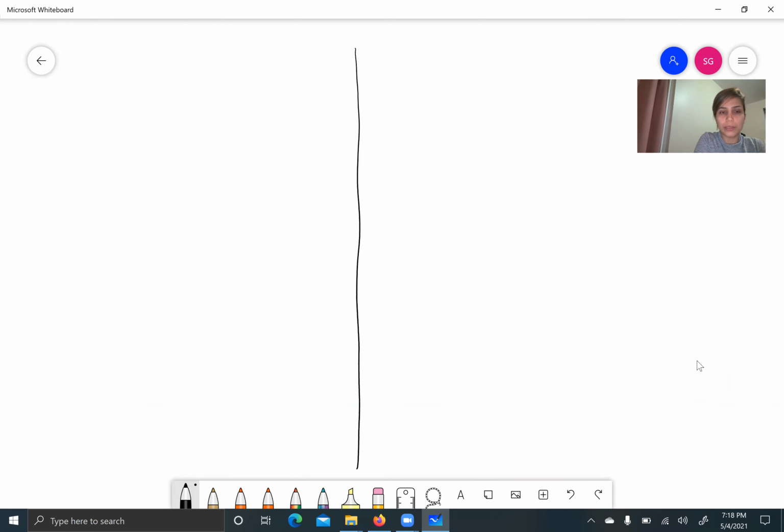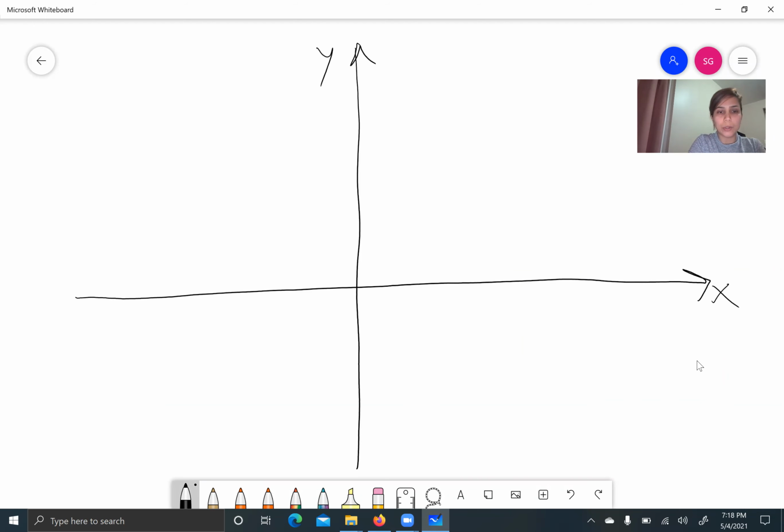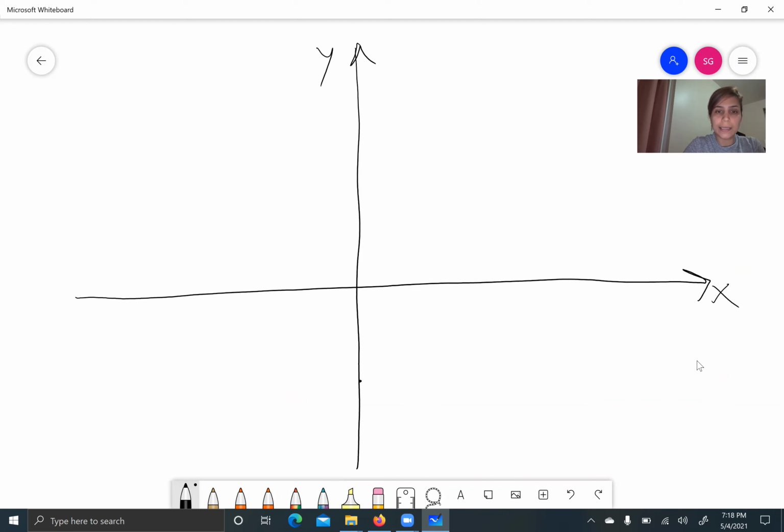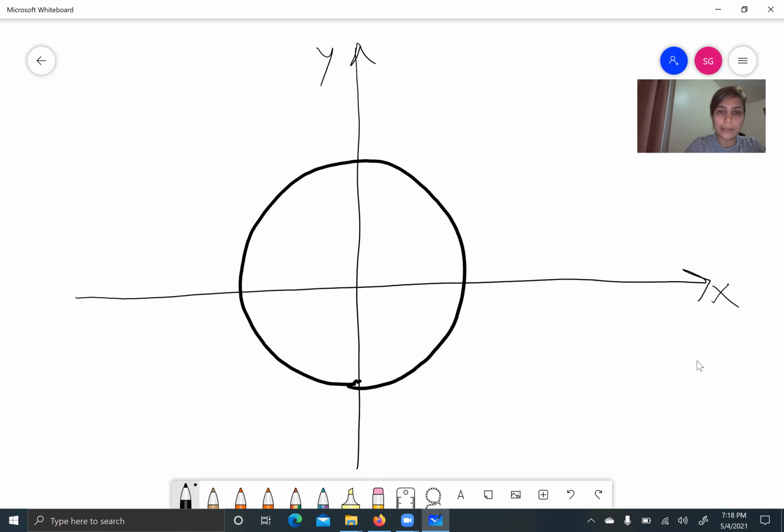Look, suppose these are the x-axis and y-axis. I'm going to put a circle. The circle is centered at the origin, and it has a radius r.